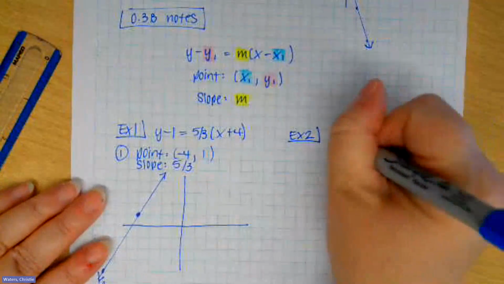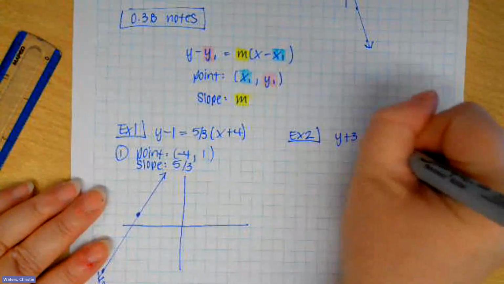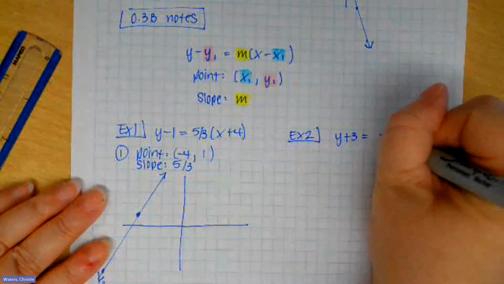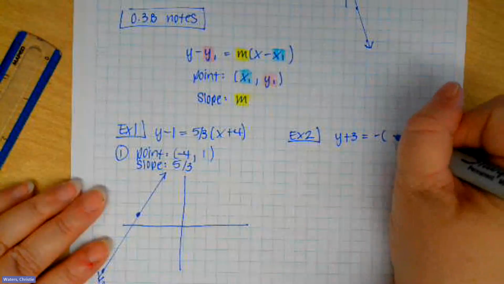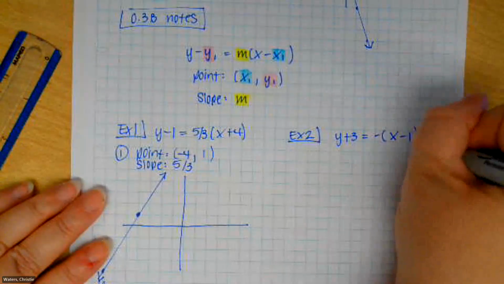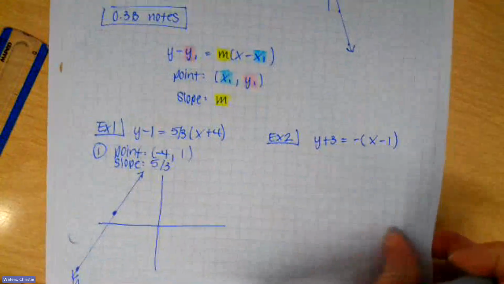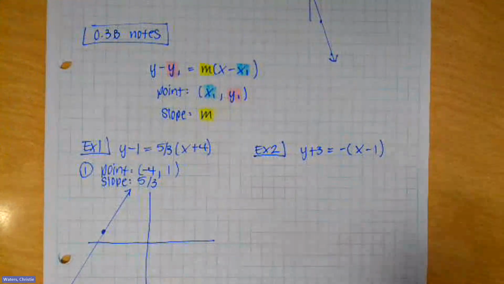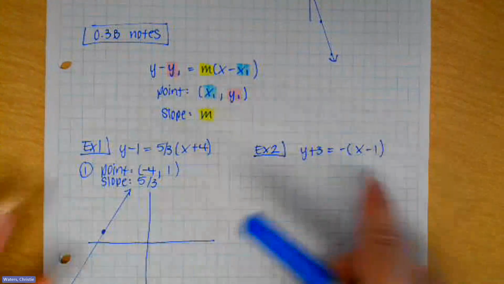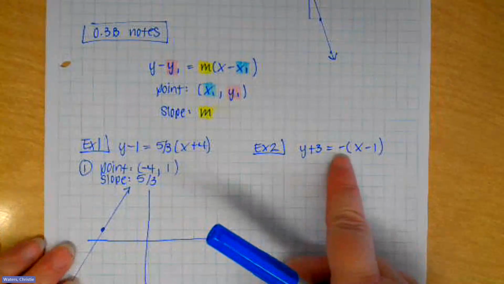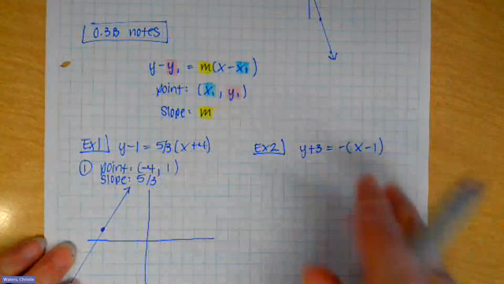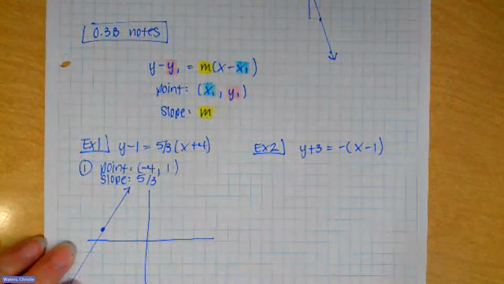So example 2 is going to be y plus 3 equals negative parentheses x minus 1. So I did change this one from one of the classes that I did the notes in because this comes up in the assignment today and there were lots of questions on it. So I just kind of modified one of the examples here.